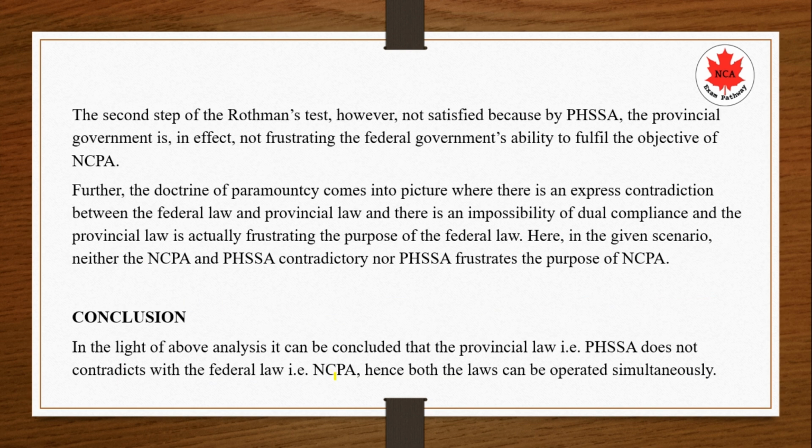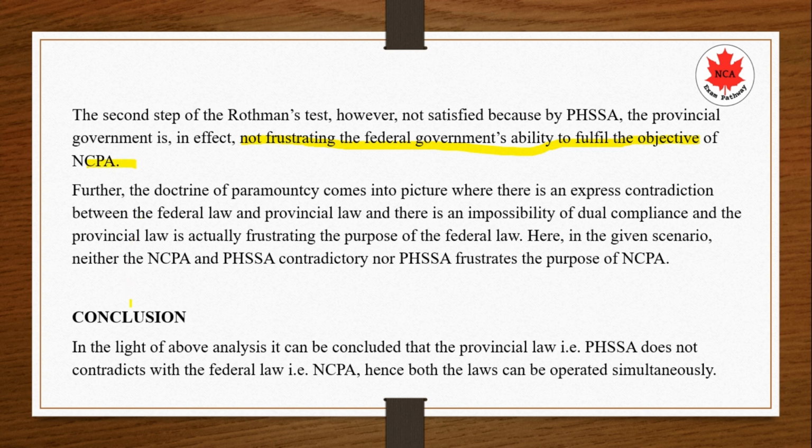Now coming to the second step of the Rothmans test, it is not satisfied because by PHSSA the provincial government is in effect not frustrating the federal government's ability to fulfill the objective of NCPA.